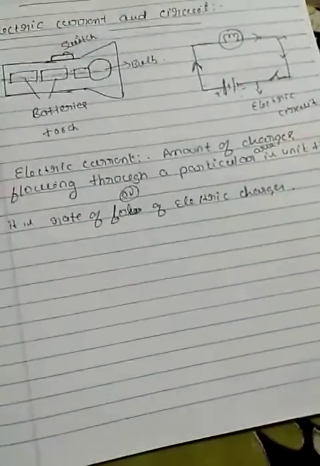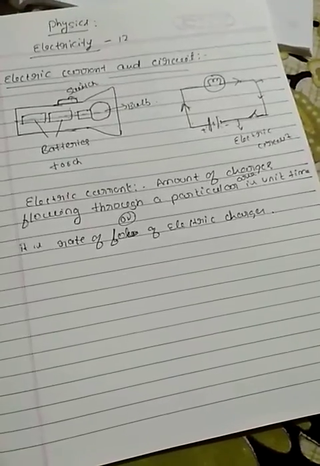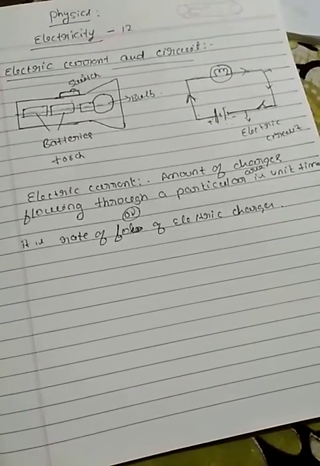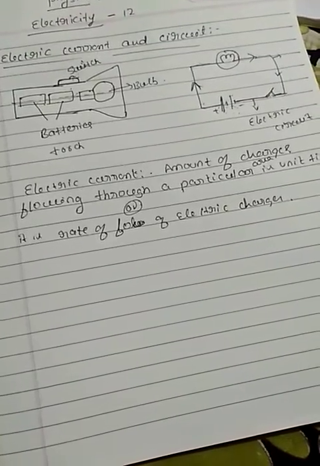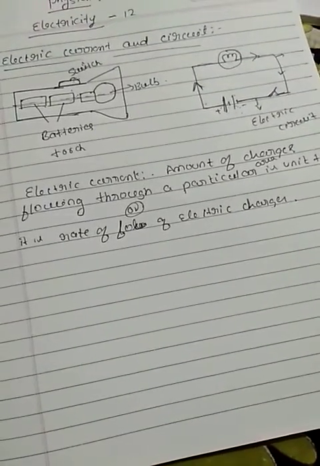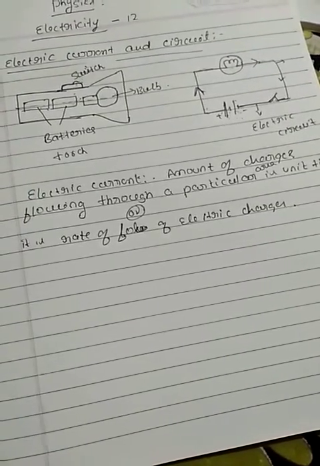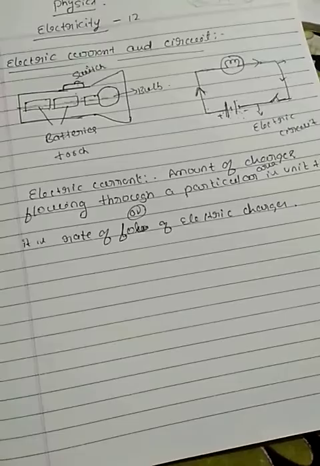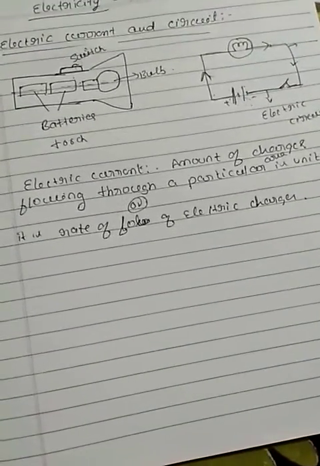One more thing you should remember: electrons were not known at the time when the phenomenon of electricity was first observed. So electric current was considered to be a flow of positive charges, and the direction of flow of positive charges was taken to be the direction of electric current.